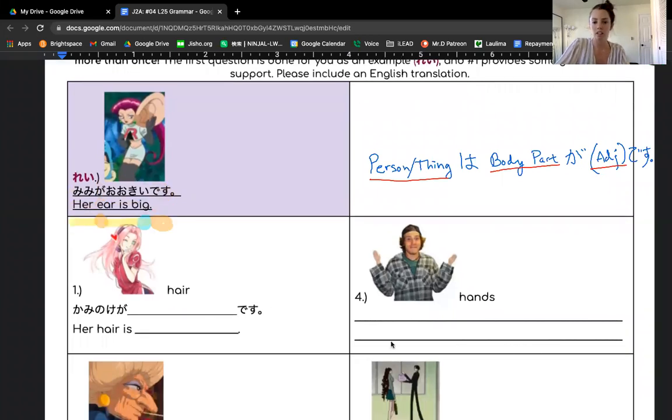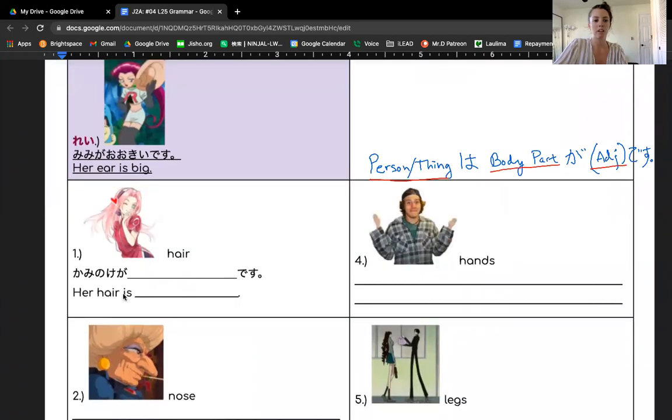So with number 1 down here, you have kami no ke ga and then blank desu. So you have to think of how her hair can be described. For example, you could say kami no ke ga nagai desu. It's long. Kami no ke ga pinku desu.